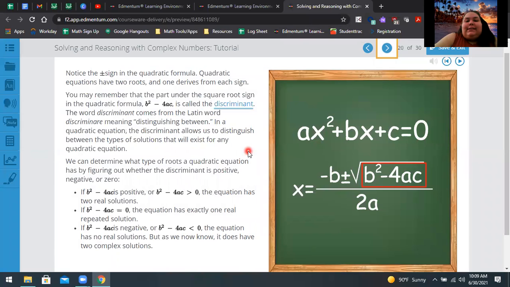So we've probably already seen, and if we haven't, we'll bring it up again, the discriminant value. The discriminant tells us how many answers we have.